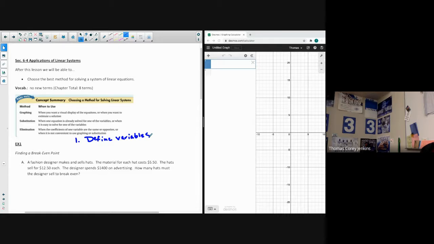In this problem, we have two things that could change. The number of hats we sell could change, and then the money we bring in would change along with that. Since money depends on how many hats we sell, x, which is my input variable, is hats.